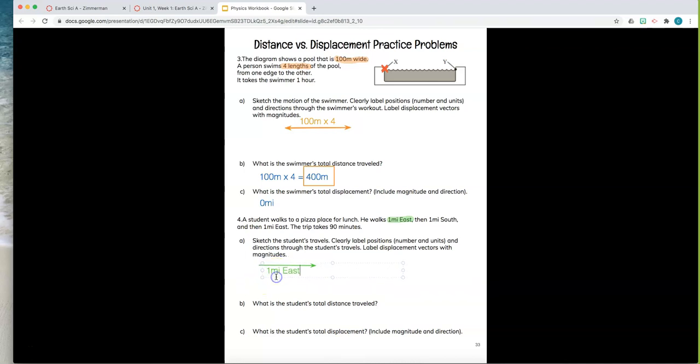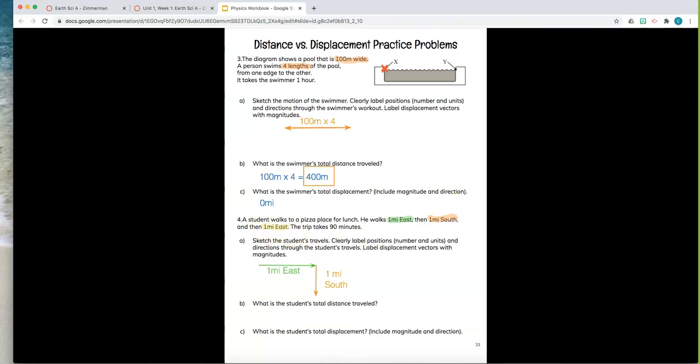And then my next direction is going to be 1 mile south, like it says right here. And so I'm going to draw an arrow that goes from that ending point, tip of the arrow, down 1 mile, and then label. And then my last direction is telling me that I went, or that the student went 1 mile east again.